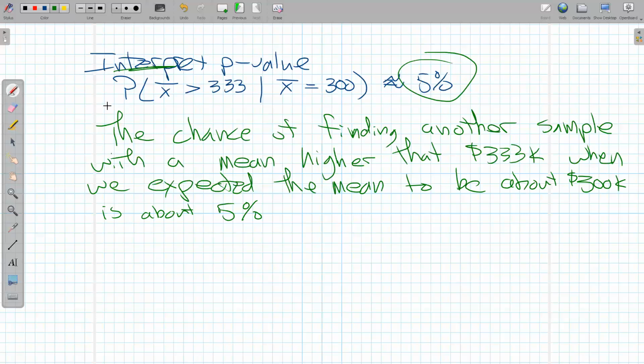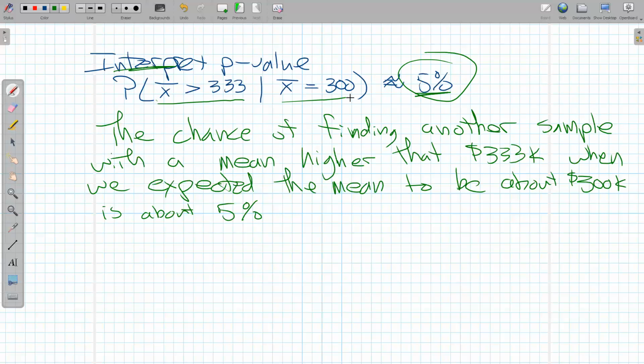So I'm just interpreting: 5% of other samples will be greater than 333,000 if we were expecting the mean to be 300,000. I just got to get that in a sentence somehow, and sentences usually look something like this. So that's the interpretation of the p-value.